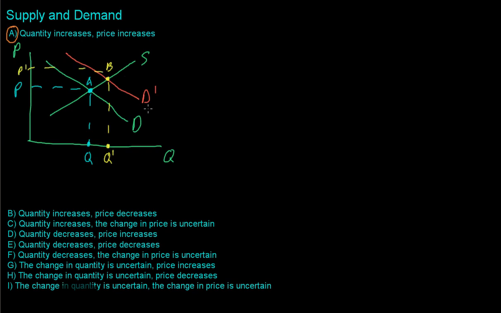That's a little bit off, I'll redraw that a little bit better. So let's just say that that's right there. Not too perfect, but close enough. So in order for quantity and price to increase, demand for a good has to increase.